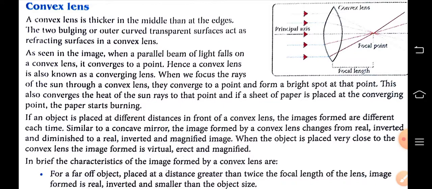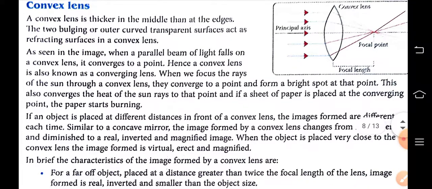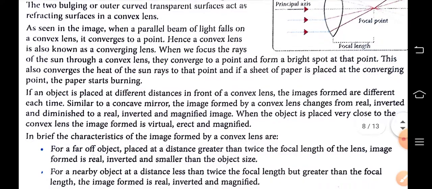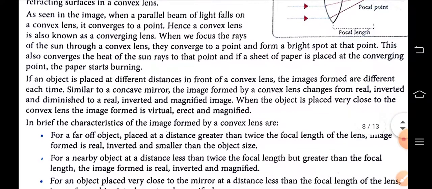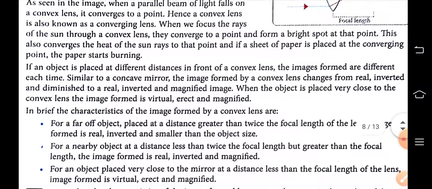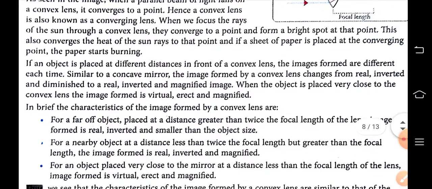In mirror also I have explained, if we point the sun rays to a sheet of paper, it converges at a point and the paper starts burning. If an object is placed at different distances in front of a convex lens, the images formed are different each time. That means the formation of image depends on its distance from the lens.